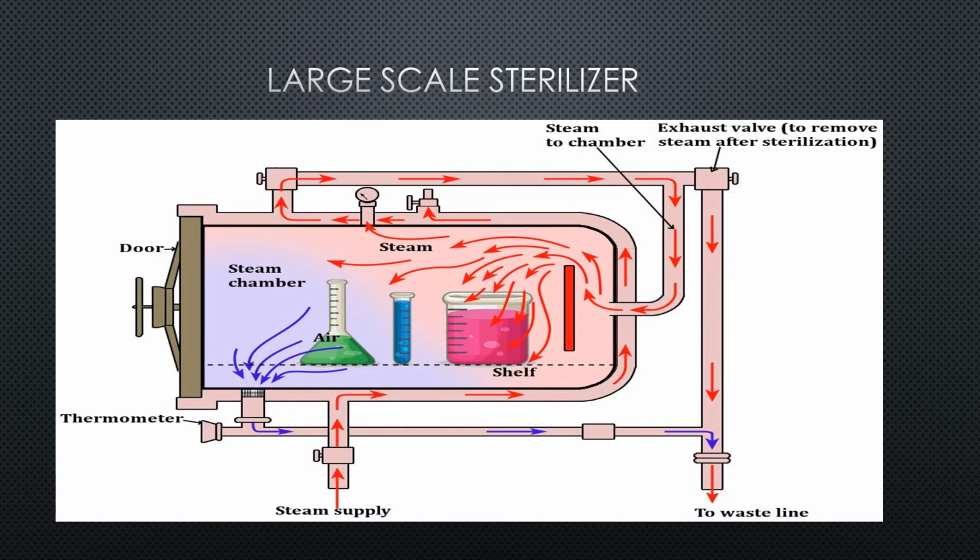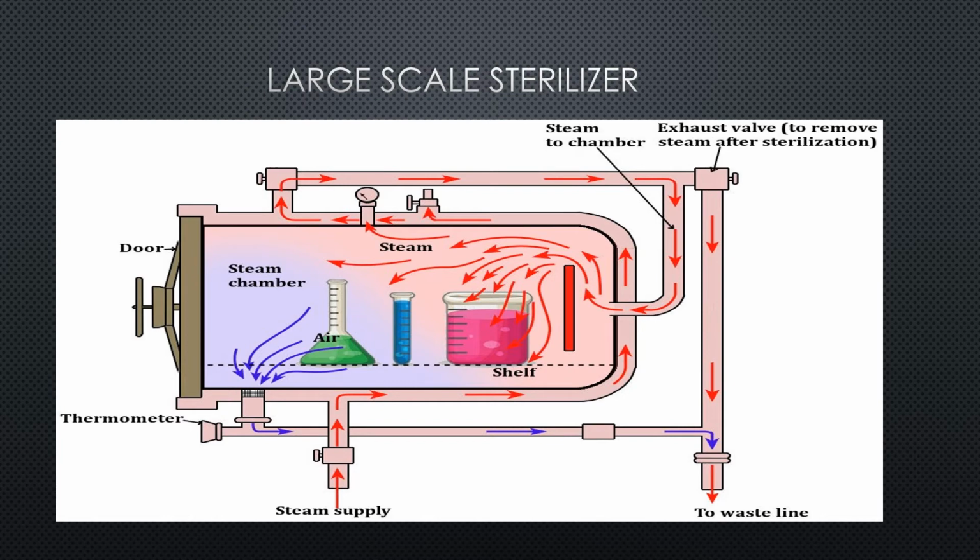Here we can see the chamber gauge. Then here we can see the thermometer. Then hot steam is supplied, and the cool air inside the sterilizer is forced out as the steam enters, and this is called the safety valve.